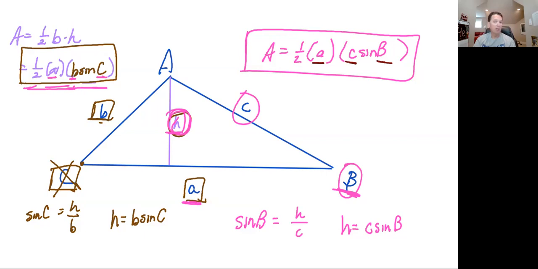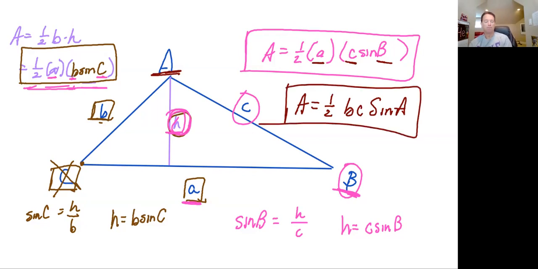You don't think it's possible that it can work for A too, could it? Of course it does. Area can also be expressed as 1/2 BC sine A. So as long as you have any two sides and the included angle.